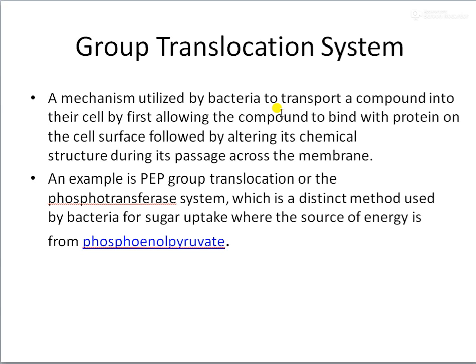The most well-studied example of this is the phosphoenolpyruvate phosphotransferase system, which is a distinct method used by bacteria for sugar uptake, where the source of energy is phosphoenolpyruvate. So let's take a look into this.